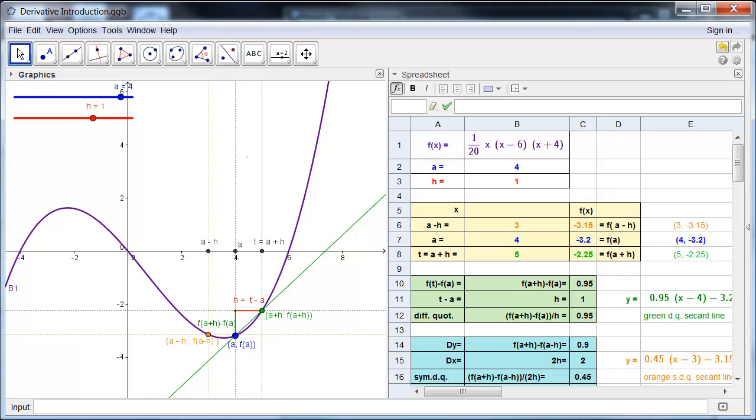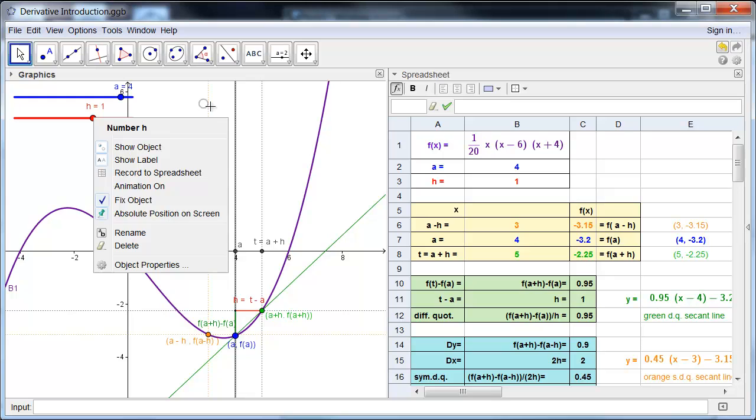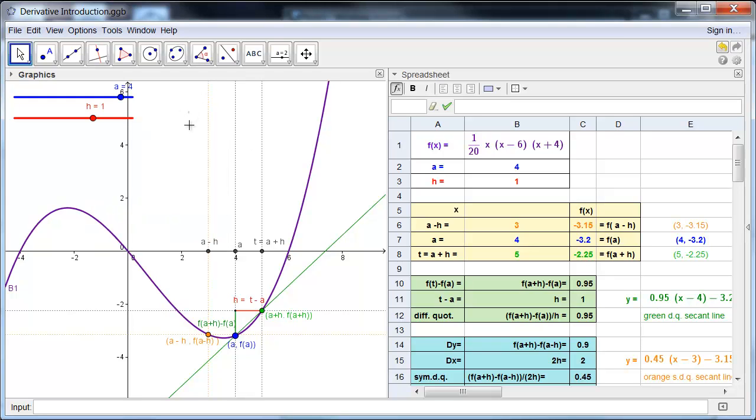Now what we want to do is manipulate this a little bit. We're going to leave the blue point fixed, so we're not going to move the slider for A, but we're going to take the slider for h. What we're interested in finding out is not the slope of the secant line or the average rate of change. We're interested in finding the instantaneous rate of change.